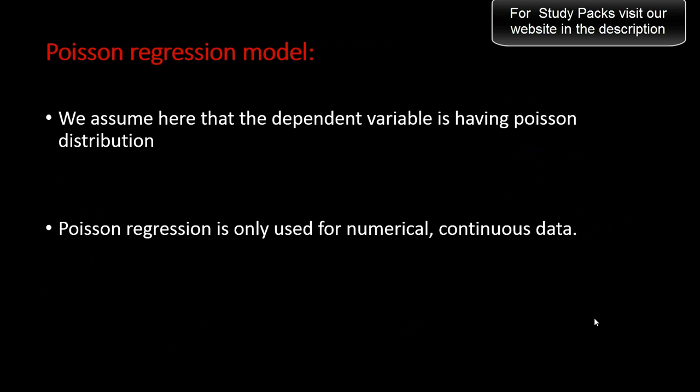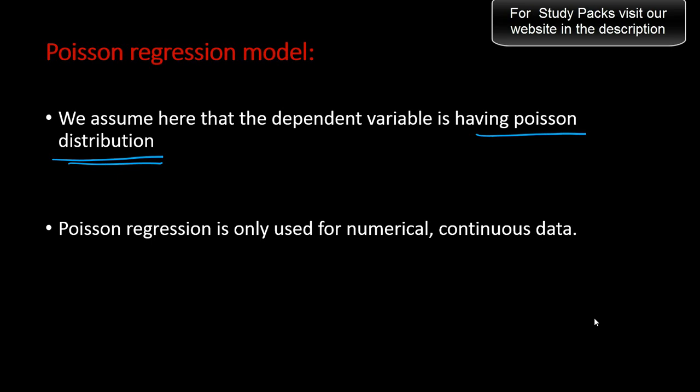So we assume here that the dependent variable is having a Poisson distribution. Okay, so you may be familiar with what a Poisson distribution is. If you're not familiar, we will have a brief overview of what Poisson distribution is in the next slide. So the motivation behind Poisson regression model is coming from the Poisson distribution.